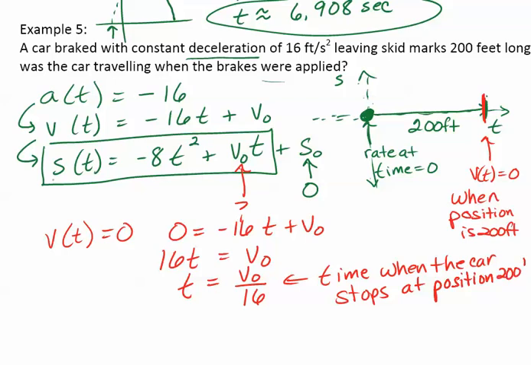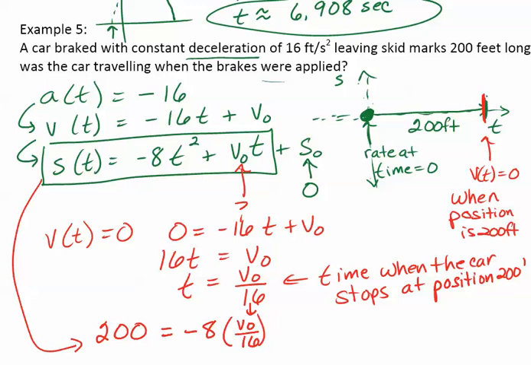All right, so now let's use our position function. We're doing some back substituting here. I think I made this sound complicated, but our position is 200 when the car comes to rest, and we just figured out that the time when the car comes to rest can be written as the initial velocity over 16.